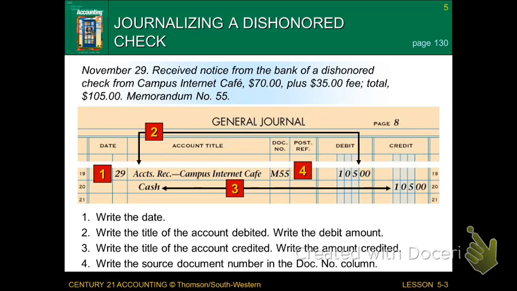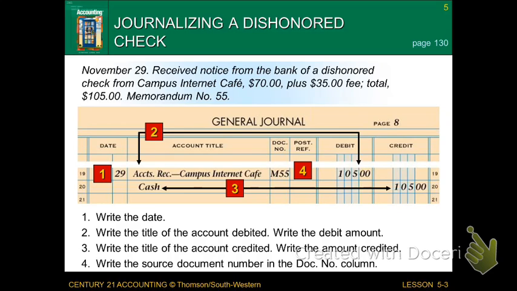It means there's no way to deposit or cash the check because the customer's account does not have enough funds to cover it. And unfortunately, your bank is going to charge you a fee for attempting to deposit or cash a check that is not valid.